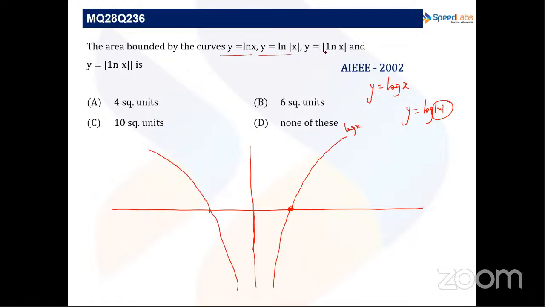Then thirdly, y equals mod of log x. So mod of log x is again only this curve, because we will be getting only the positive values of y. And y equals mod of log of mod x, so this is this curve.